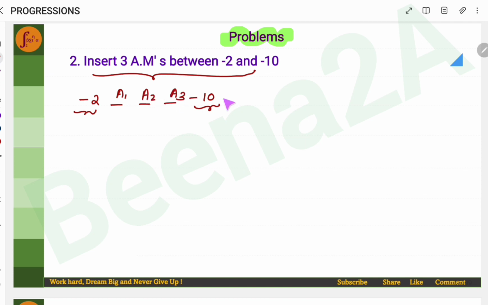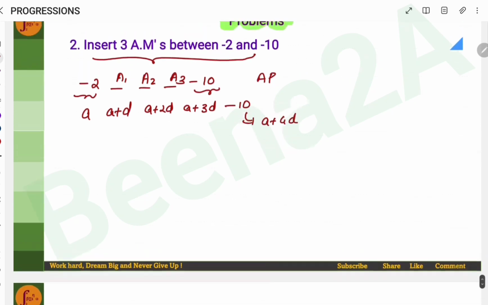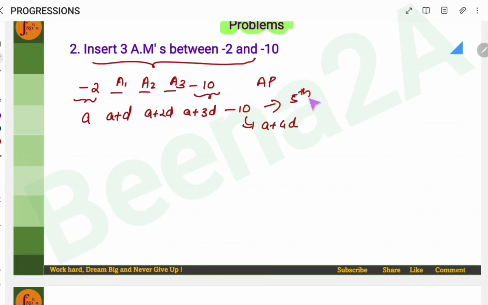Now if you look at the arithmetic progression, this is the first term, this is a + d, this is a + 2d, a + 3d, and this is −10. This is nothing but a + 4d. This is the fifth term. What is the term formula in arithmetic progression?